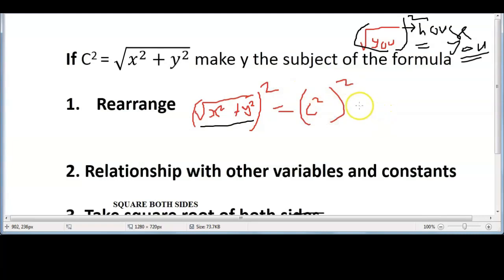So this is the same thing as x squared plus y squared is equal to c to the power of 4. c squared squared, 2 multiplied by 2 gives you 4.